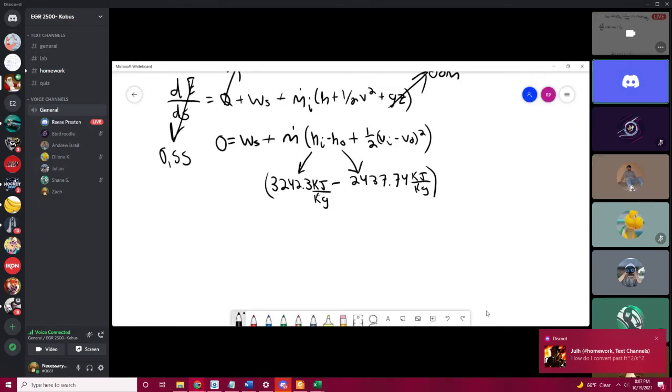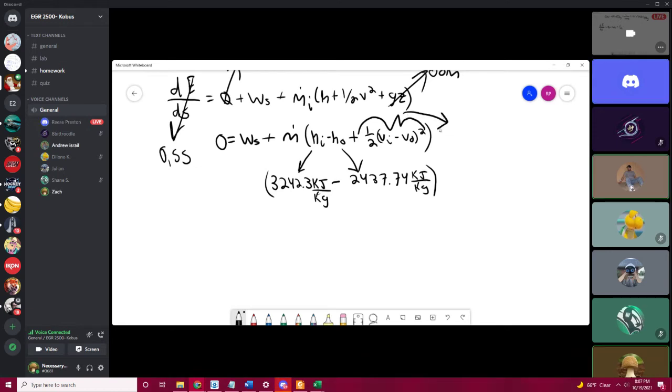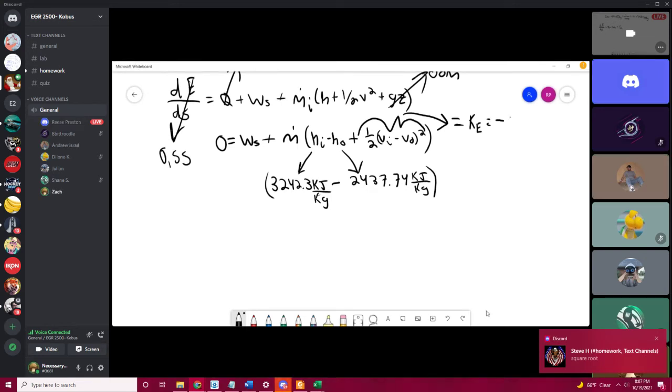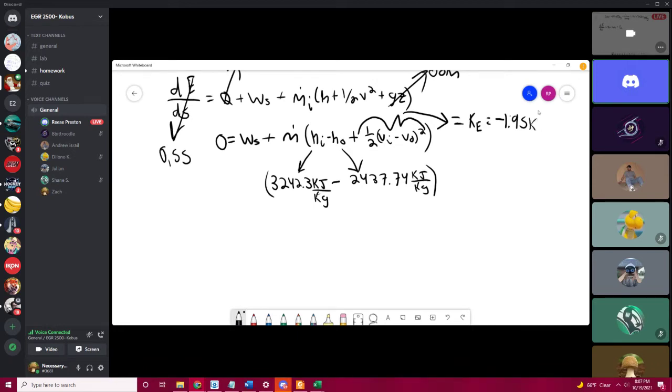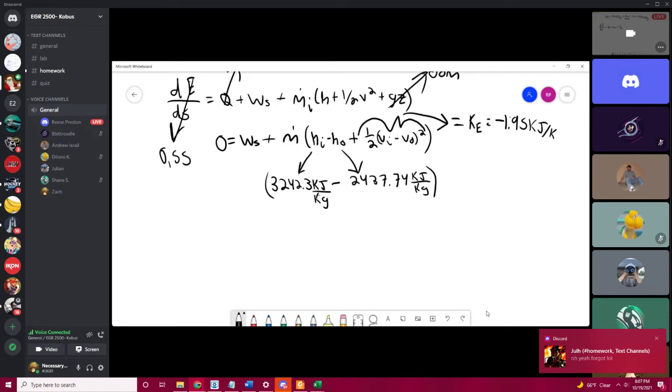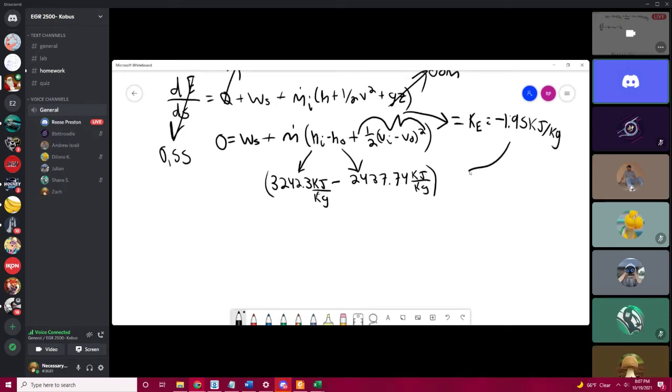So this entire thing is equal to kinetic energy, which we know is negative 1.95 kilojoules per kilogram. That's what it was, right? Yep. So then that's just gonna go back there.